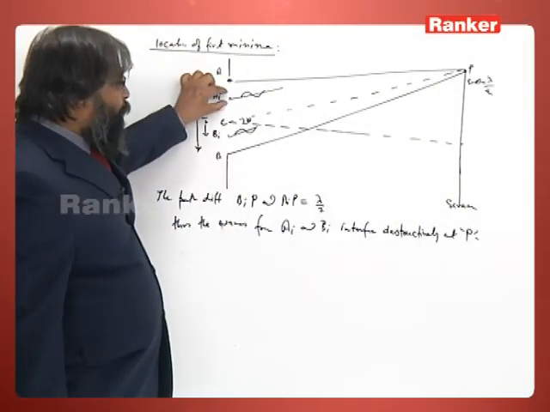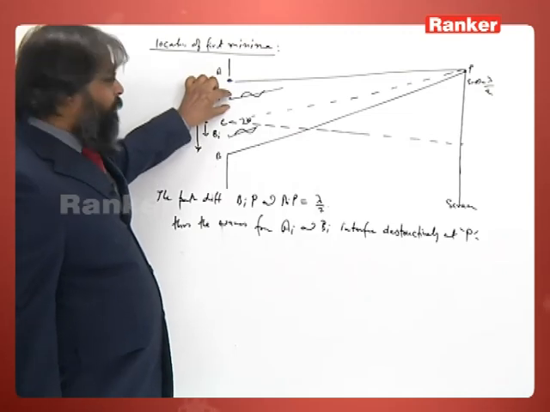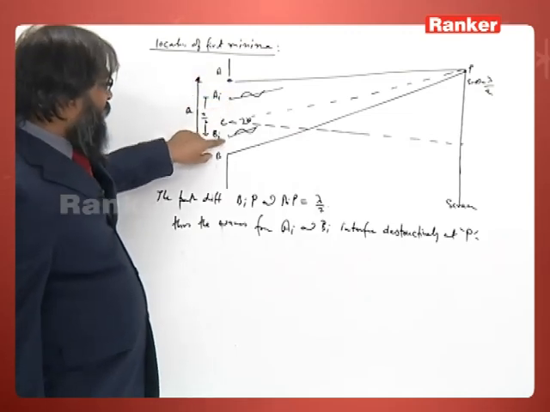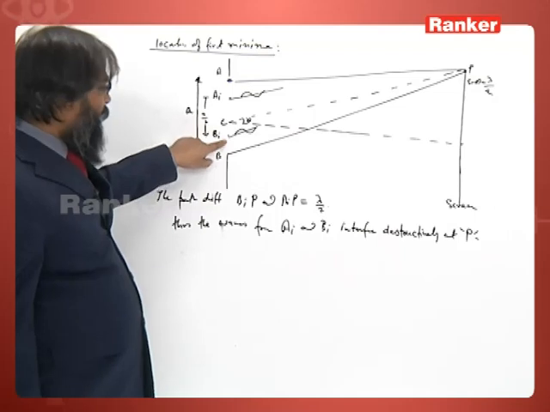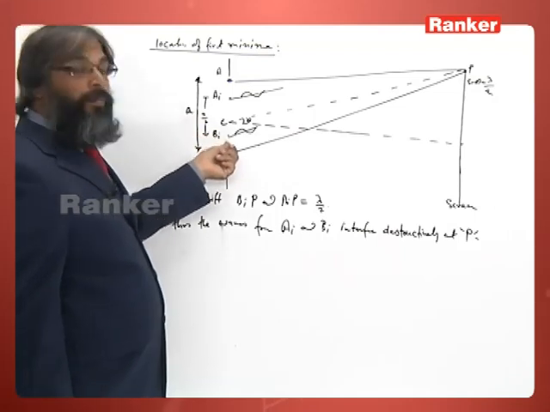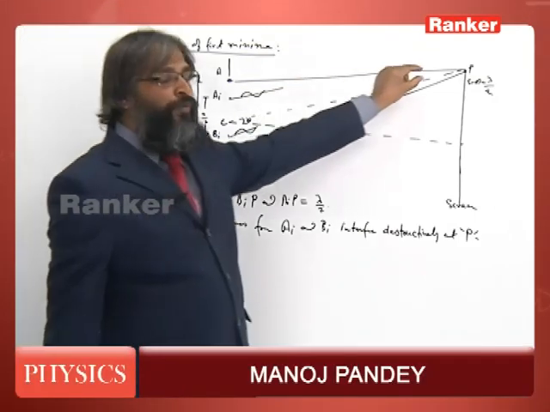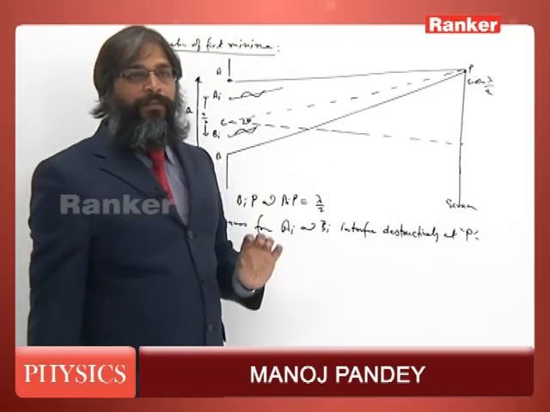I have a point source called AI, which is at a distance a by 2 from another point source BI, and they interfere at P in a destructive manner.